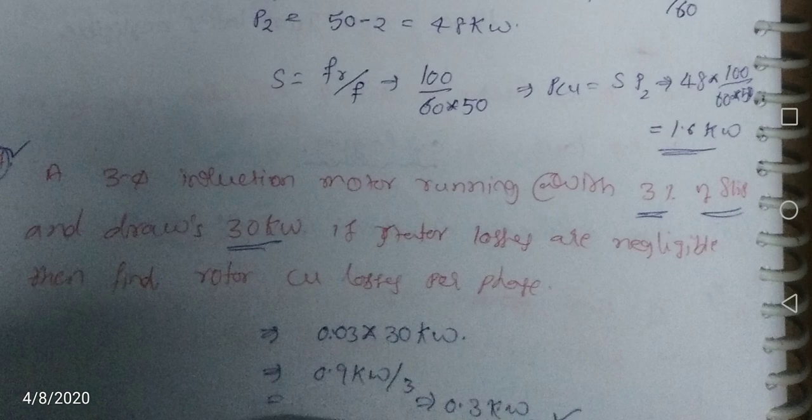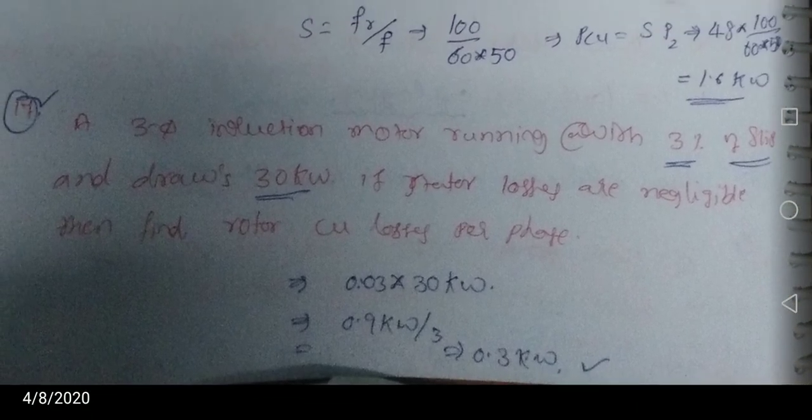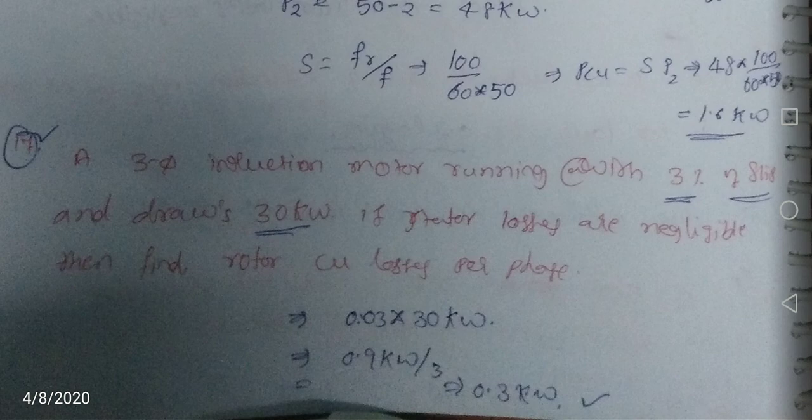The slip is 0.03, and 30 is the P2. PCU equals S into P2. S is 0.03, P2 is 30 kilowatt.